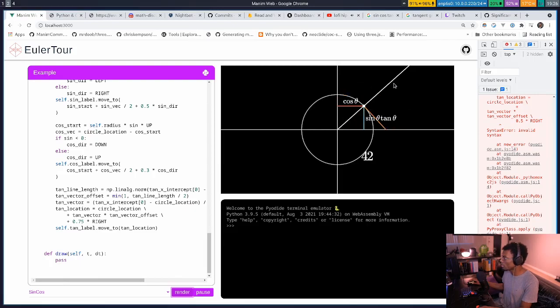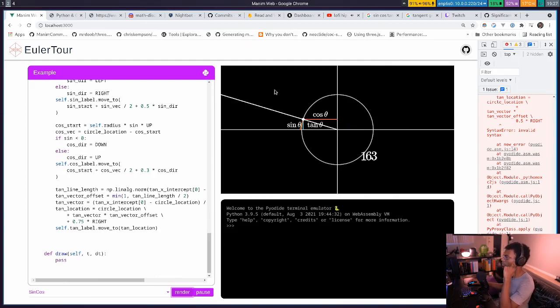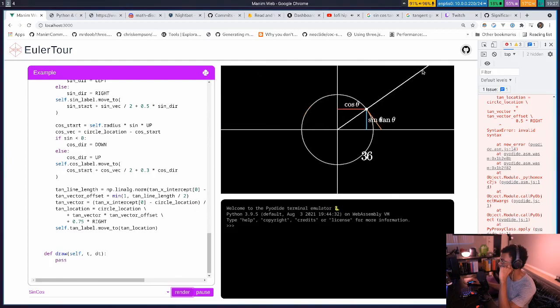Okay, that looks a lot better, I think. Although really, the offset should be normal from the tangent line. Do I want to do that? I'm going to do it.